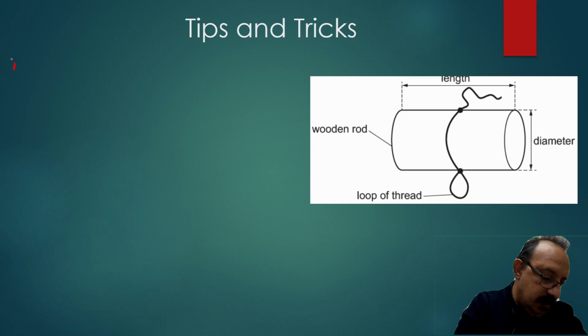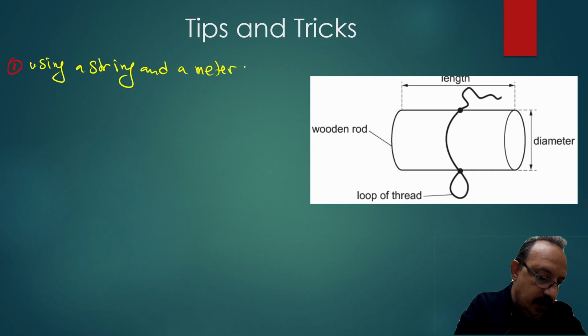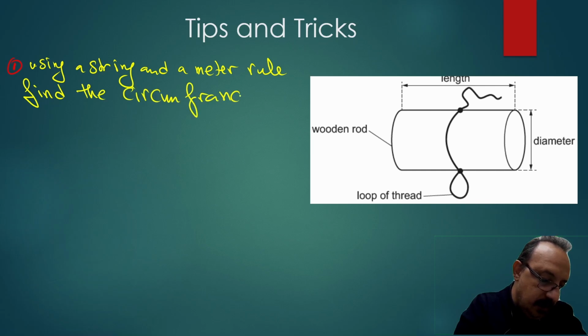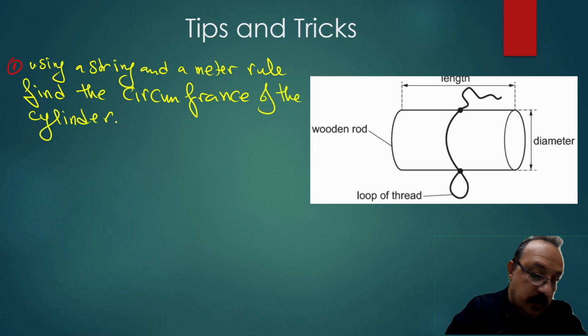So the question is: using a string and a meter rule, find the circumference of the cylinder. So how do we answer that?